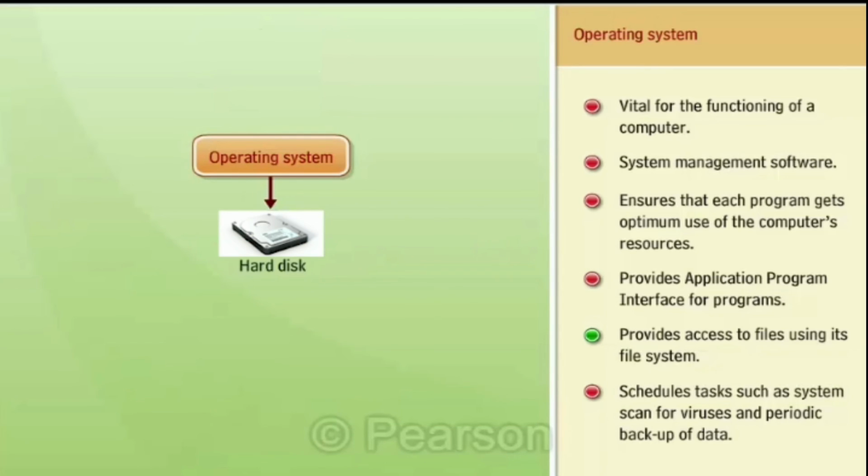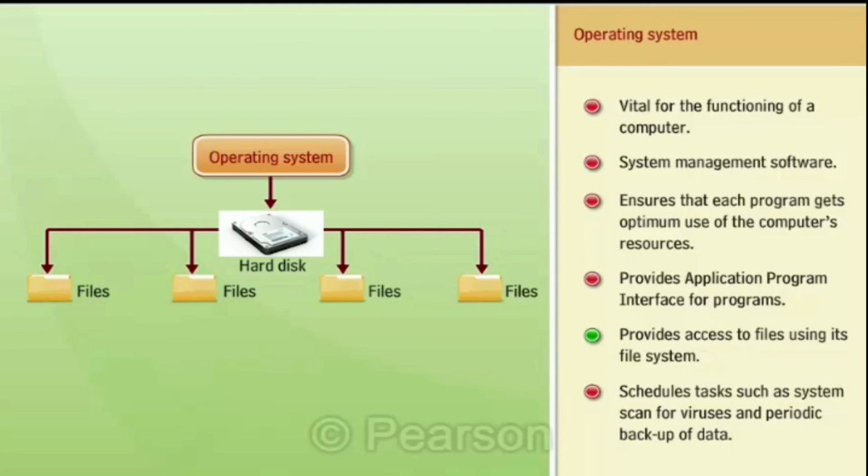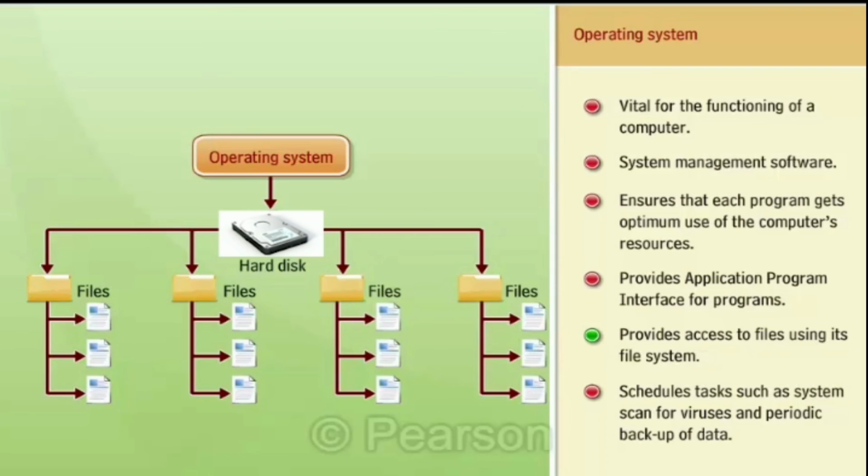Providing access to data stored on disks called files is a central feature of operating systems. The specific way in which these files are stored on the disk is called the file system, and operating systems allow you to create, delete, open, and save files, as well as access information about them using these file systems.